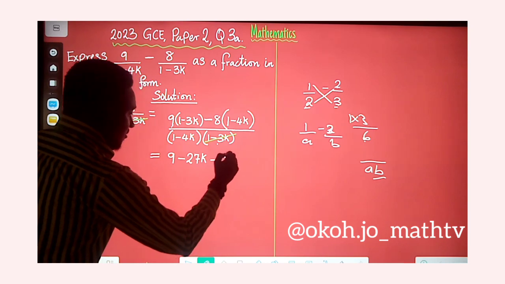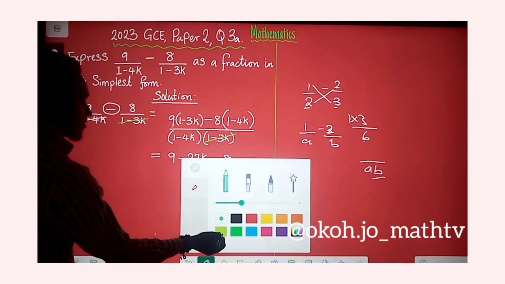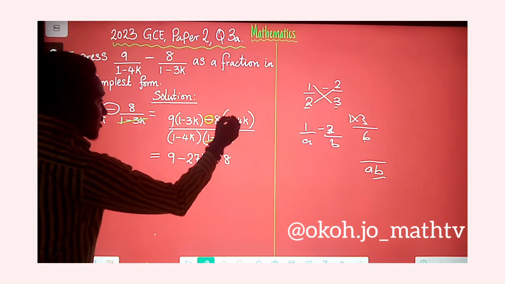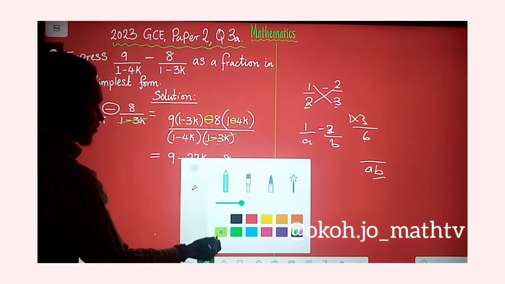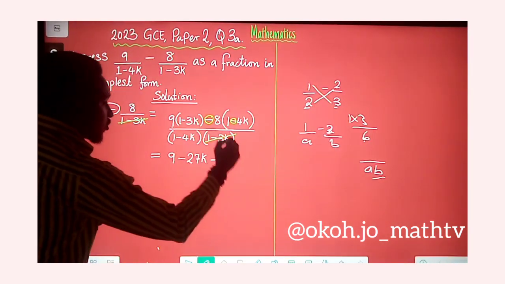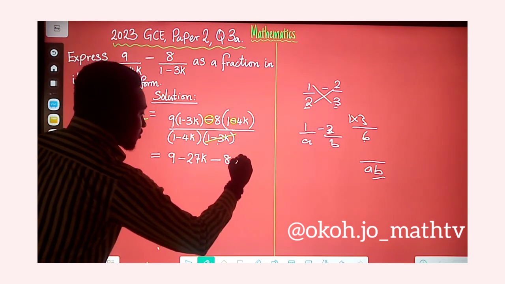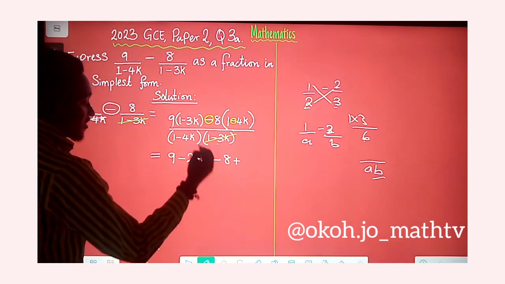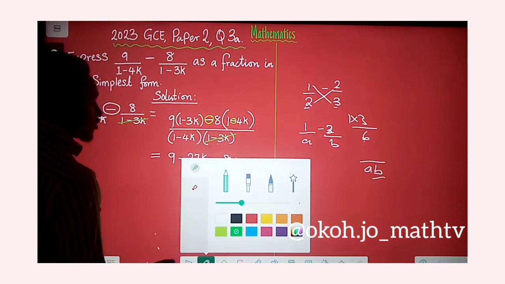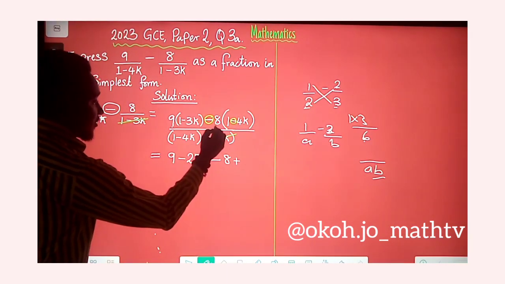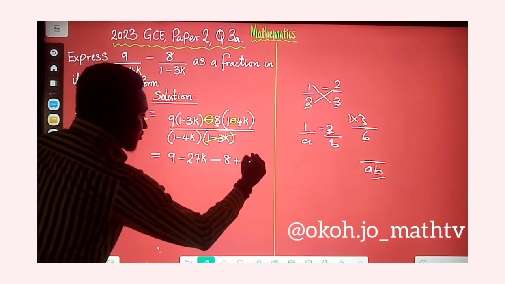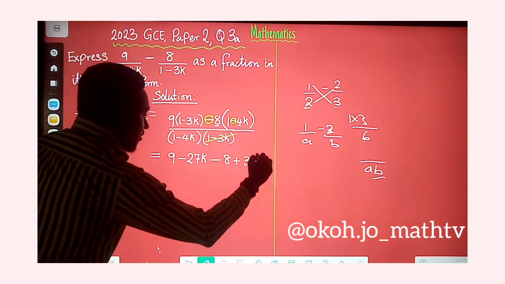Then 8 times 1 is 8. Now look at this subtraction: negative times negative will give you positive. So at this point it is 8 plus 8 times 4k, and 8 times 4 is 32, then your k.